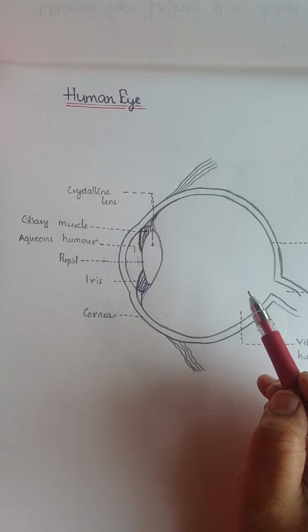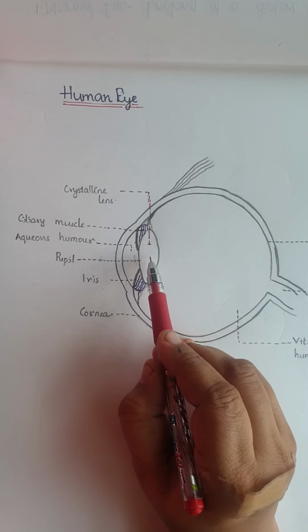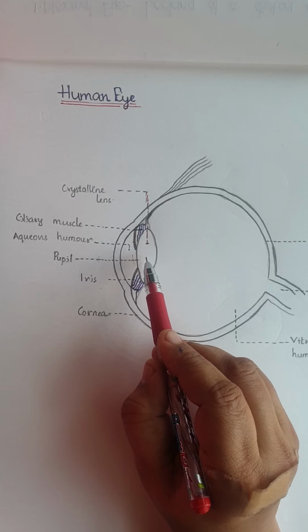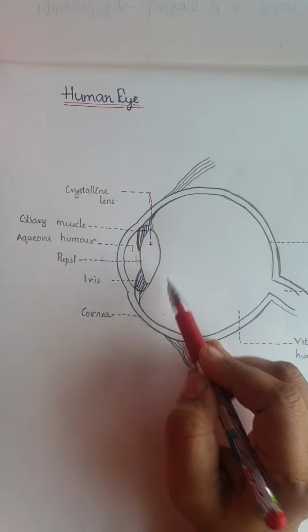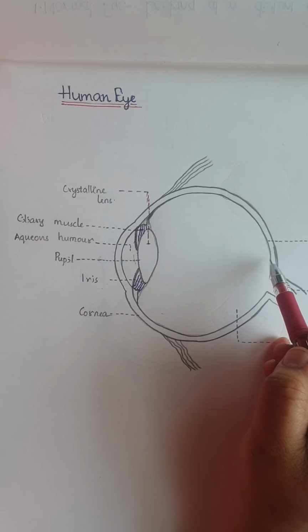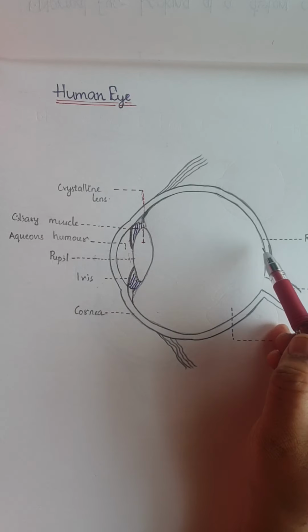Then it fills the space between, what is this? This is the crystalline lens, right? Yes, it fills the space between the crystalline lens and retina.